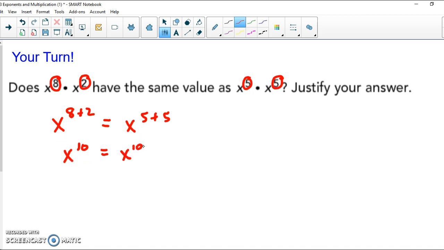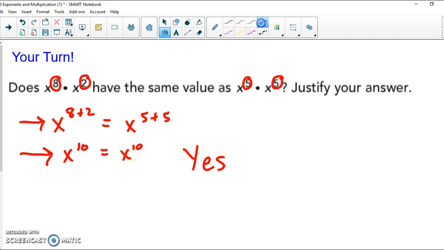So I do see that indeed, yes, they do have the same value, and I can justify that answer by showing my work here. That when I have factors with the same base, the base stays the same, and I add the exponents. So even though the exponents are different, they still add to the same total power.